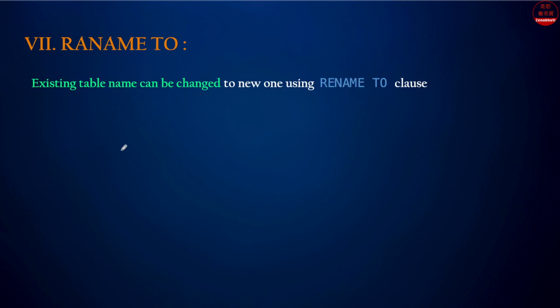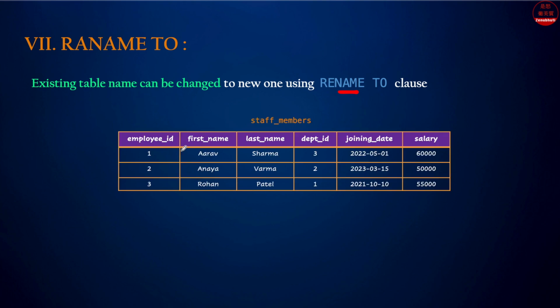Now rename to. If you want to rename the table, then you use the rename to clause. Let's see how to do that. This is your table name, and I would like to change this one, right?